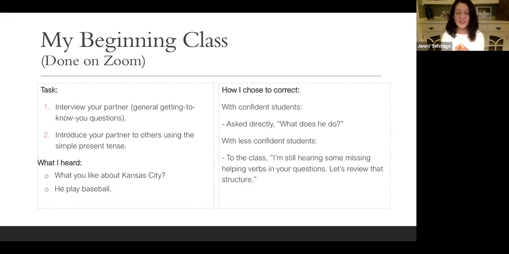Then with less confident students, I had the mental note, and when we all came back together, I said to everyone, "I'm still hearing some missing helping verbs in your questions. Let's review that structure," and then we went through it all together, because I didn't want to single out that one student. So you really do have to be a bit of a detective and see which students can handle what.